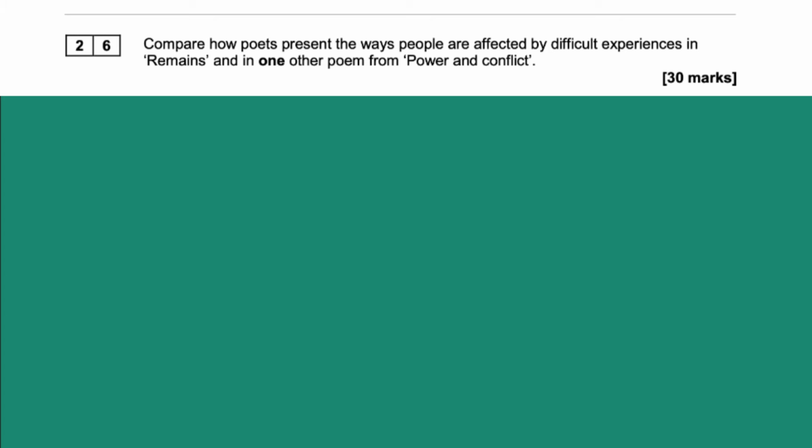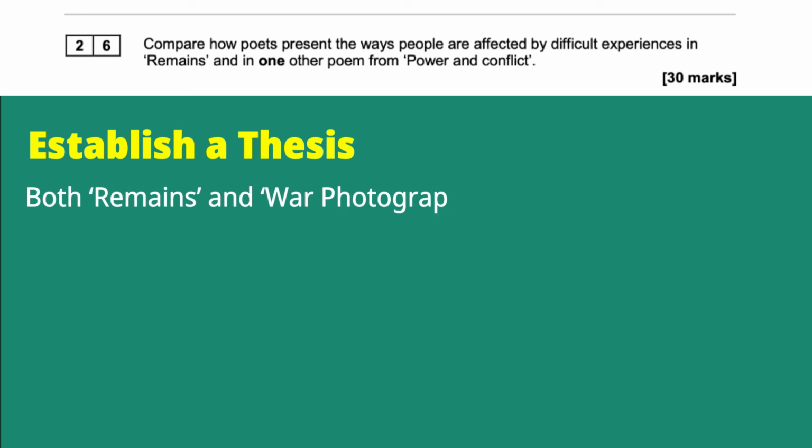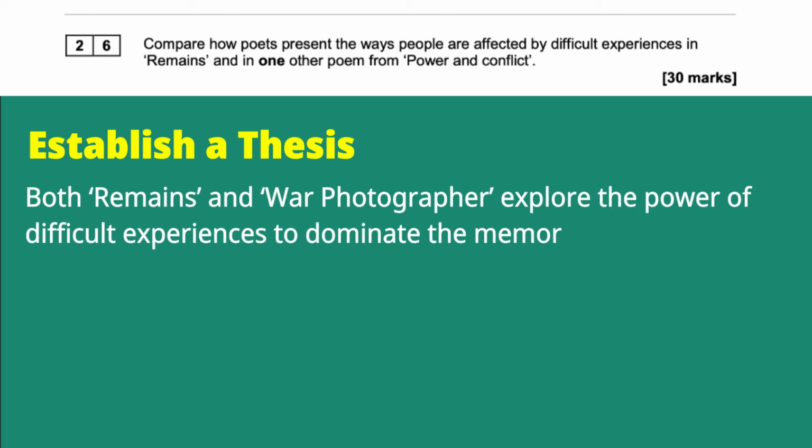Similar to Section A, consider starting your essay with a clear 2-part thesis, which will guide the essay as a whole. Consider how this example covers the AO1 comparison skill. Both Remains and War Photographer explore the power of difficult experiences to dominate the memory with feelings of guilt and bitterness.